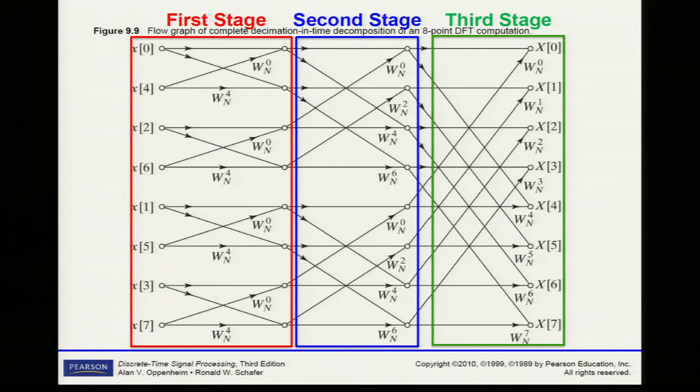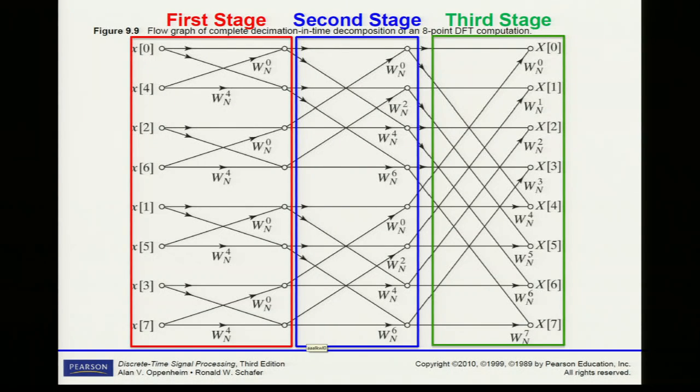Log 2 of 8 is 3. We broke it down 3 different times. Each stage is going to require 1, 2, 3, 4, 5, 6, 7, 8 complex multiplies to get the outputs for each stage. So hopefully it's clear that it's going to be n log n, or in our case, 8 times 3.